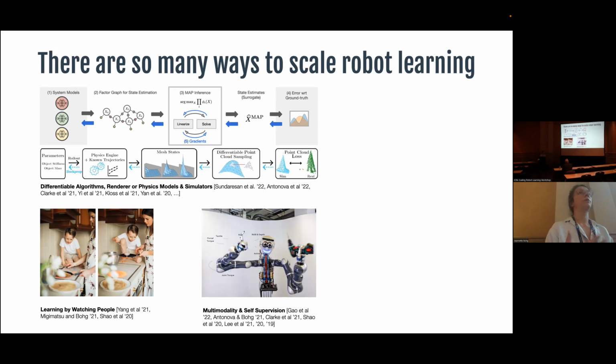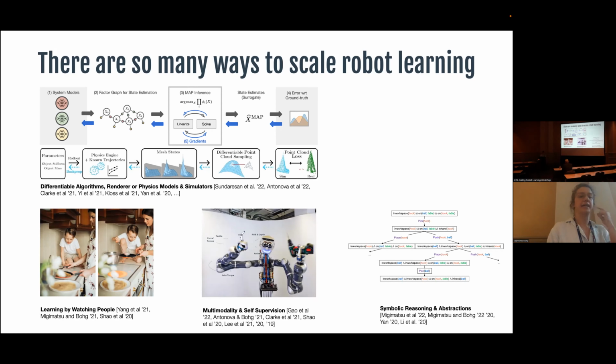Because the more information you have, often it gets easier to distinguish or separate certain signals from others and do better estimation. And then we also looked at including symbolic reasoning and different layers of abstraction into a learning pipeline, again, to reduce the amount of training data you actually need on a real robot.